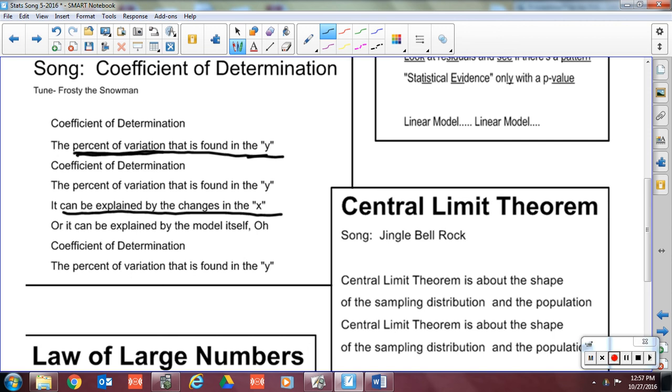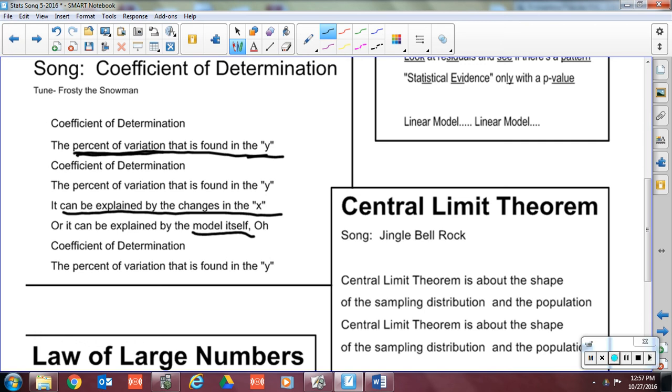But I've also seen textbooks say that they can be explained by the equation of the line. So I wrote in here, or it can be explained by the model itself, the linear model that goes with it. Those are the two ways.